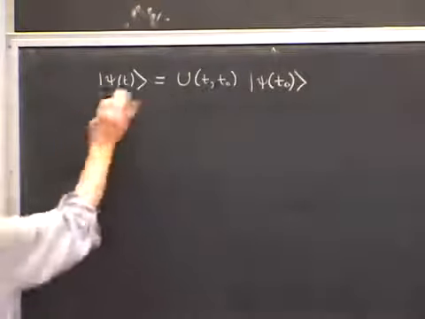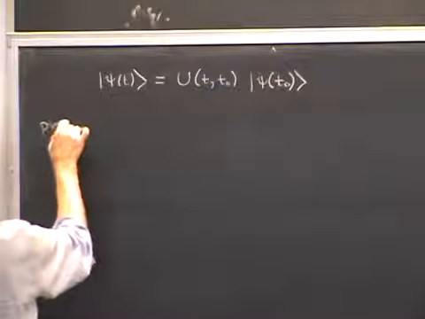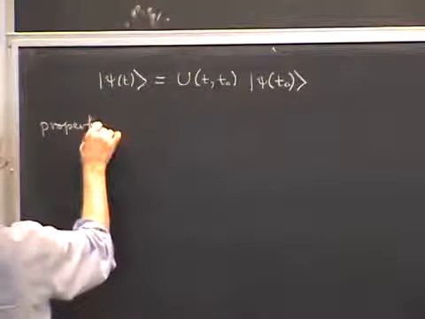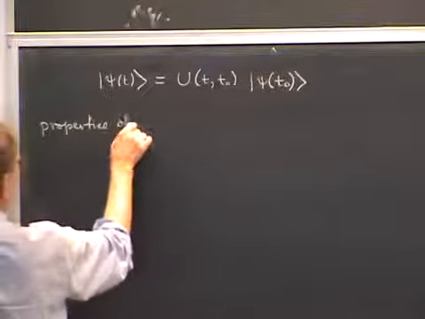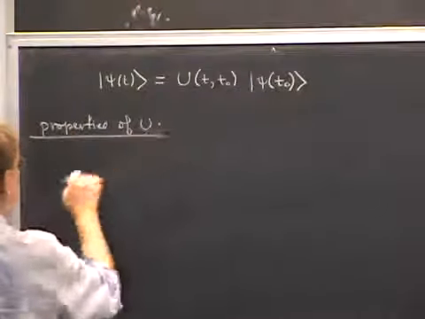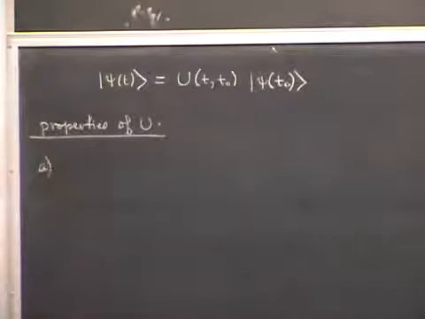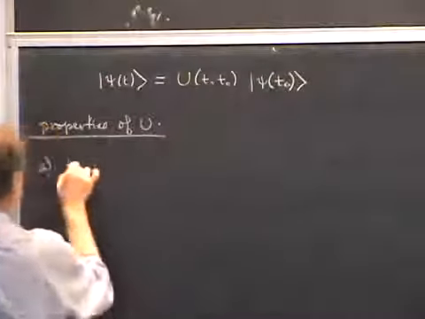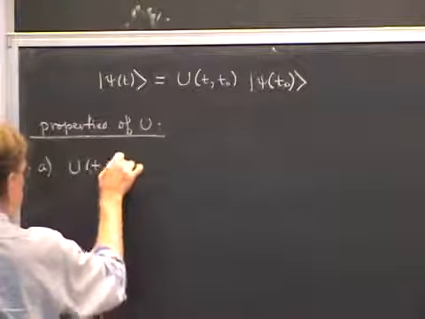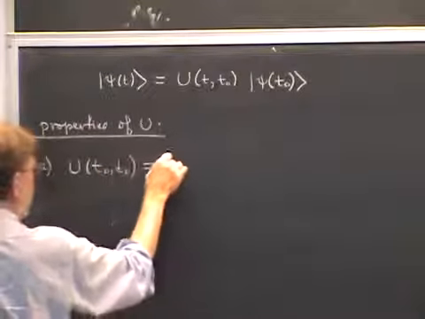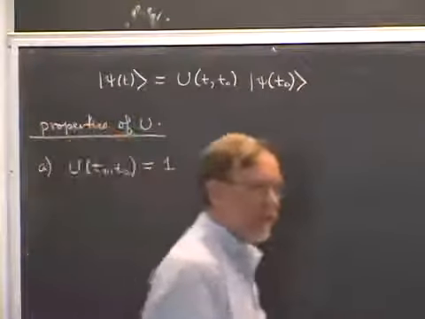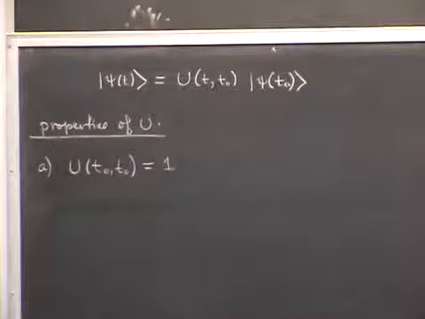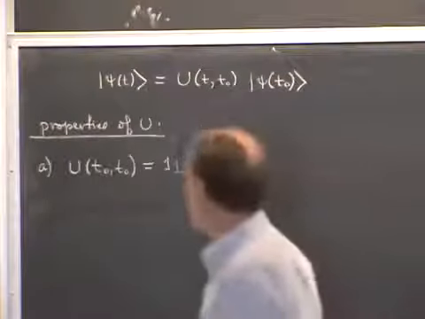Now, about this operator U, it has certain properties, which are reasonable properties that we can write down. There are three that I want to mention. The first one is essentially an initial condition. It says that if the two times are equal, so let's say U of t0 comma t0, then U must be equal to the identity operator, because if you don't have any time evolution, then nothing happens to the state.